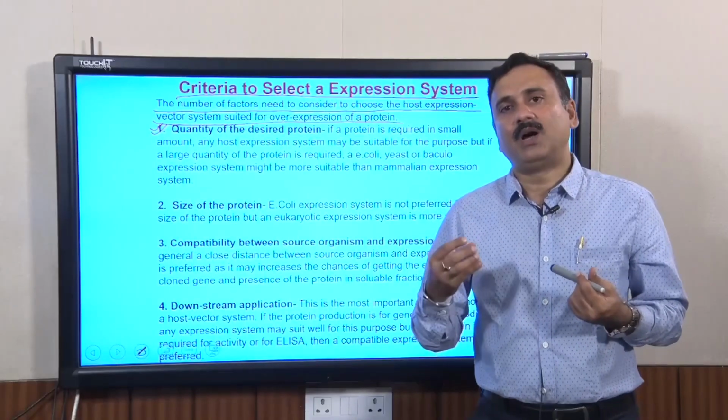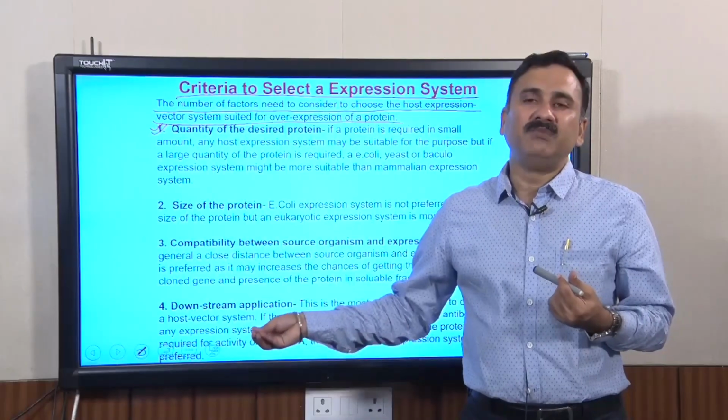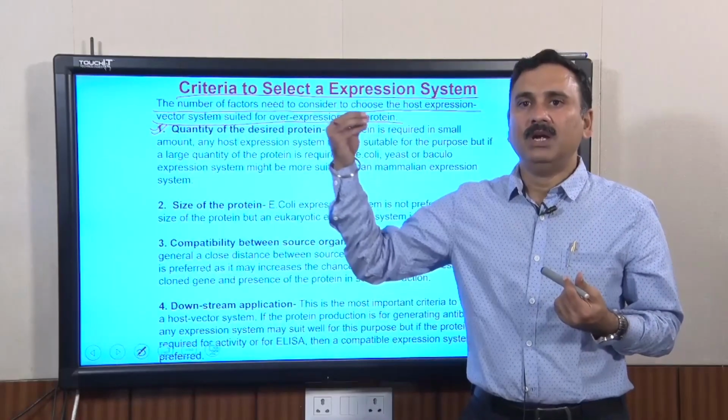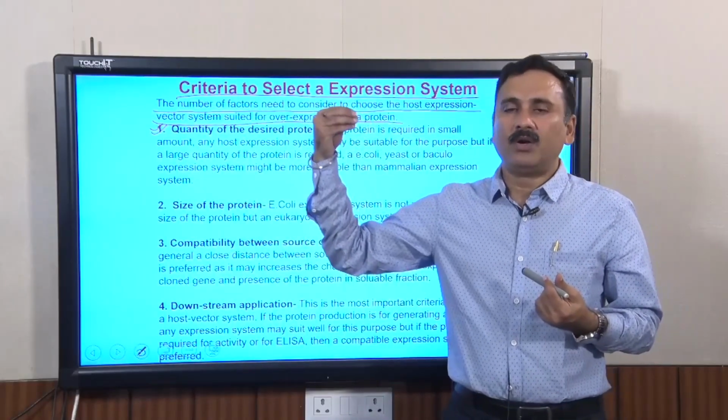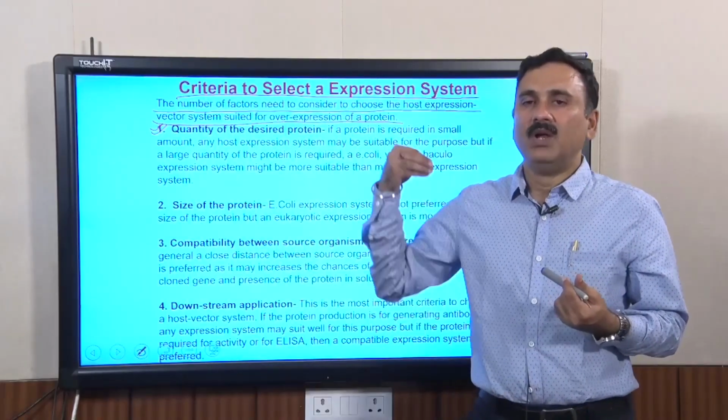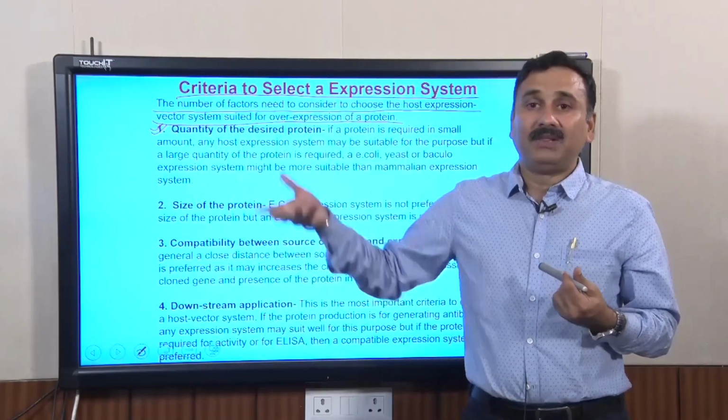the factor which you are going to use in downstream applications for providing nutrients, or you are going to use these proteins for developing health drinks.